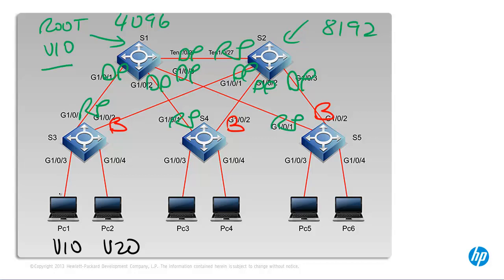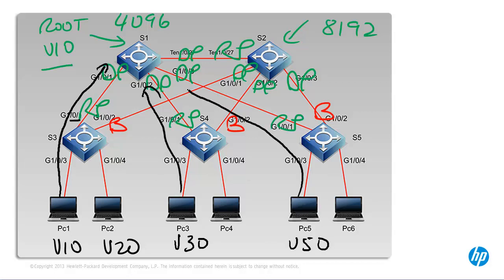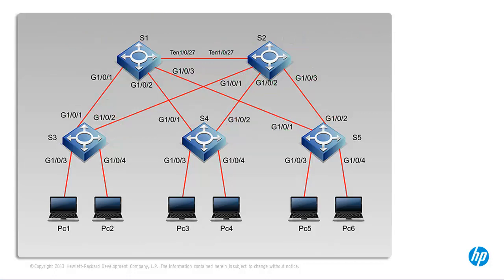Traffic would go from the access layer to the core layer using port 1 on switch 3. The same would apply for VLAN 30 and VLAN 50. Traffic would traverse these uplinks. However, just note that the physical topology consists of 5 switches only.